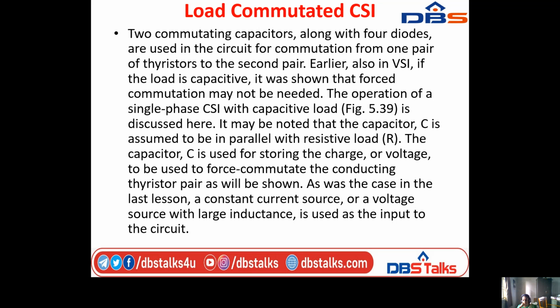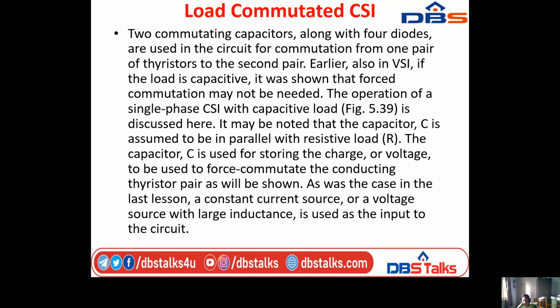So in the current source inverter, forced commutation will be used. Here two commutating capacitors along with four diodes are used for commutation from one pair of thyristors to the second pair. In the VSI we have not used it, as it was shown that forced commutation may not be needed.